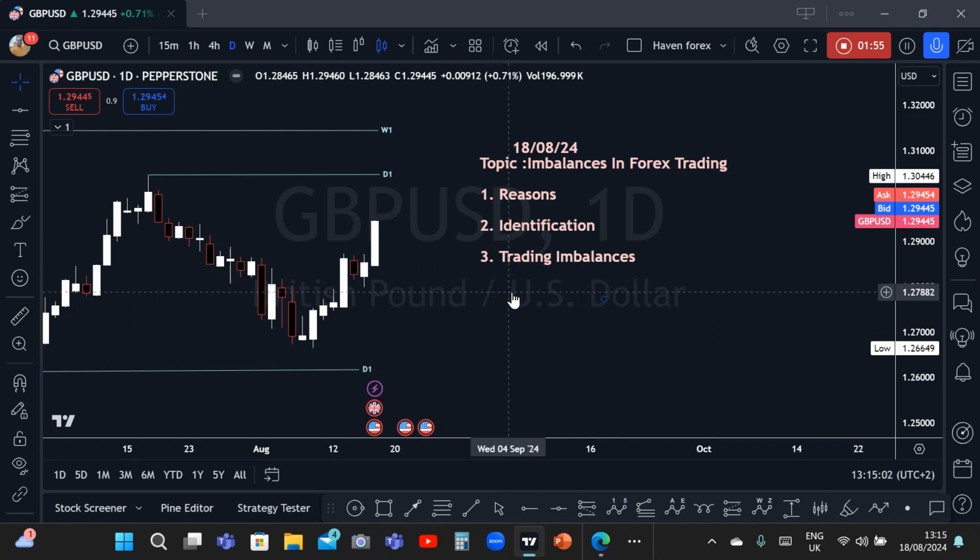And the third one is how you can trade in the imbalance. When imbalance occurs, you should know how to trade it. Because when imbalances occur in the forex market, price will still come back and fill the imbalances.